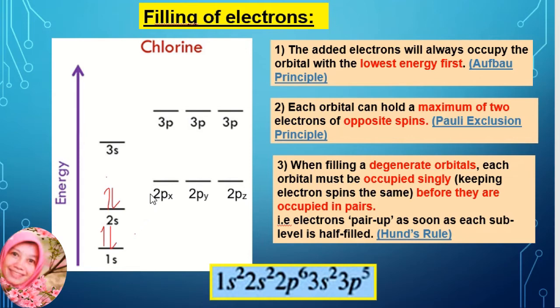Now, we get to 2p orbitals, which consist of 3 degenerate orbitals: 2px, 2py, and 2pz. Hund's rule needs to be applied here. Each orbital must be occupied singly, keeping electron spins the same, before they are occupied in pairs. I use arrows pointing upwards first, then followed by arrows pointing downwards, like this.